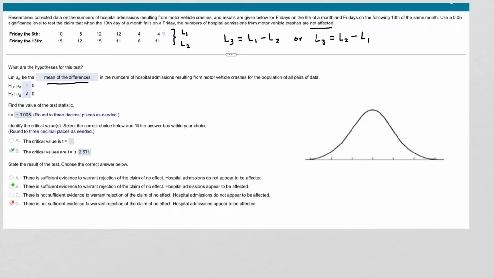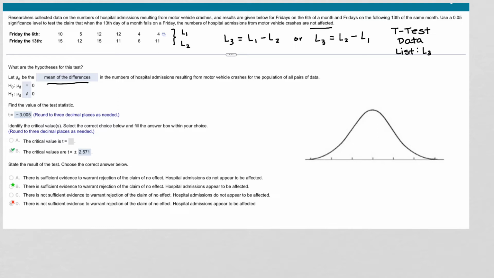So we have L3 is the difference between L1 and L2 in whatever order, and then we're going to run a t-test. And we're going to do this using data. And our list is L3.